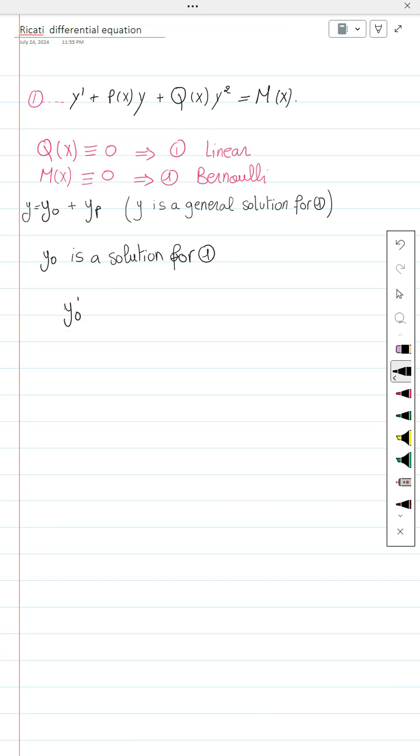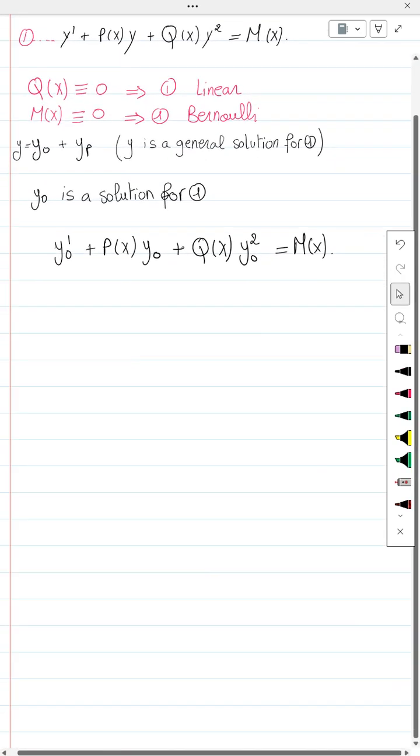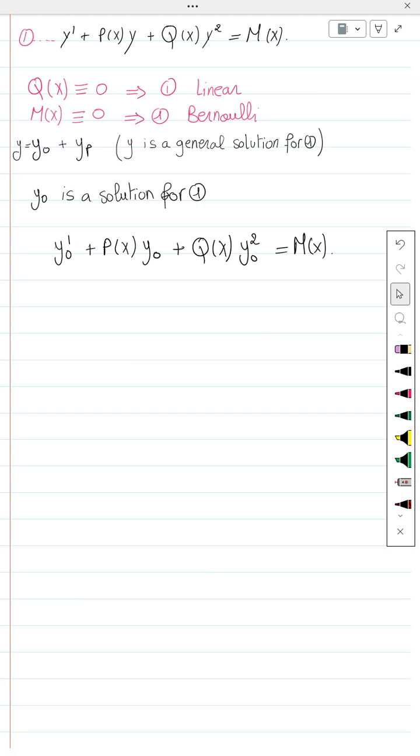So it's going to be y0 prime plus p(x) y0 plus q(x) y0 squared is going to be equal to m(x). As you can see here, this is a particular solution. And yp is also a solution for the equation.